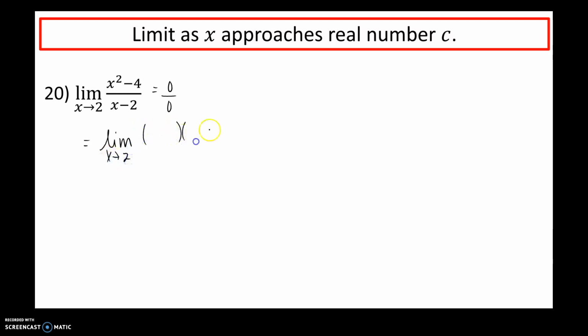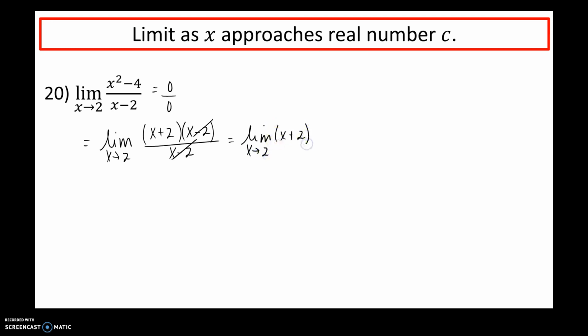My numerator, hopefully you recognize that as the difference of perfect squares. X plus 2 times x minus 2. Still have my x minus 2 on the bottom. Now notice you get something to cancel. Okay, so limit as x approaches 2.